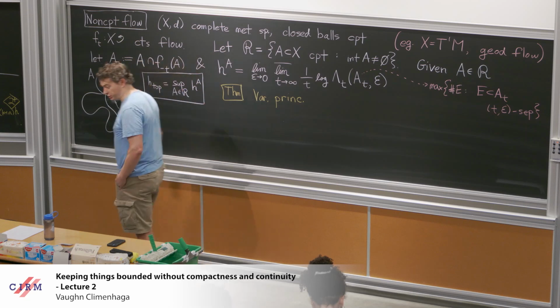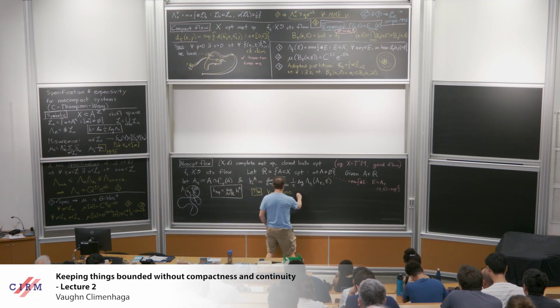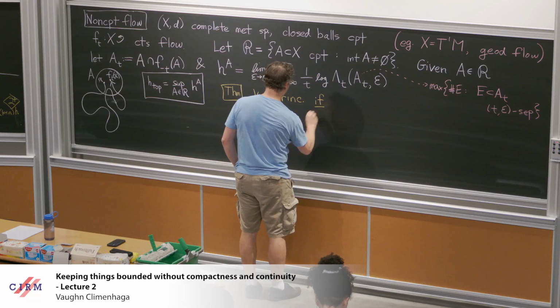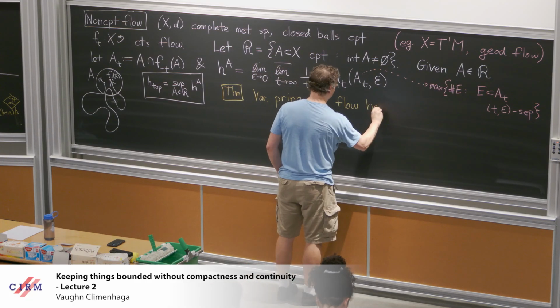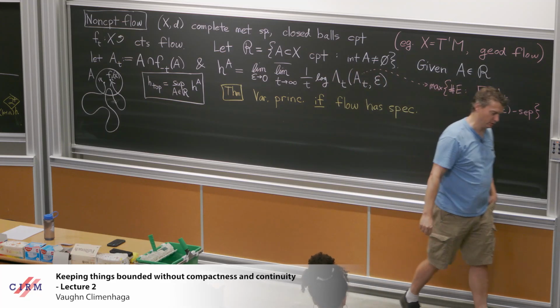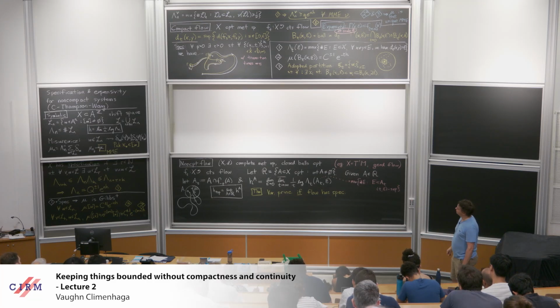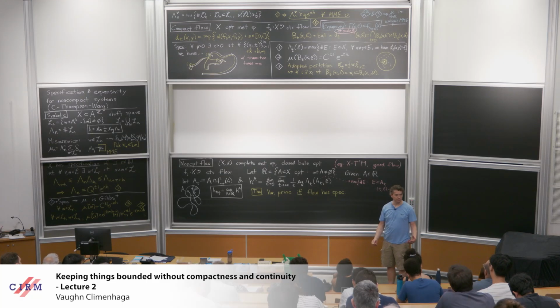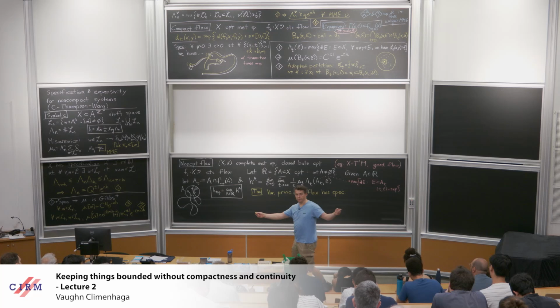So there is a variational principle under the assumption of specification. Now, of course, I'd better say what specification means. Because the definition that I put for compact spaces is certainly too restrictive to expect in the non-compact setting, because I can have points in the non-compact setting which are arbitrarily far apart.